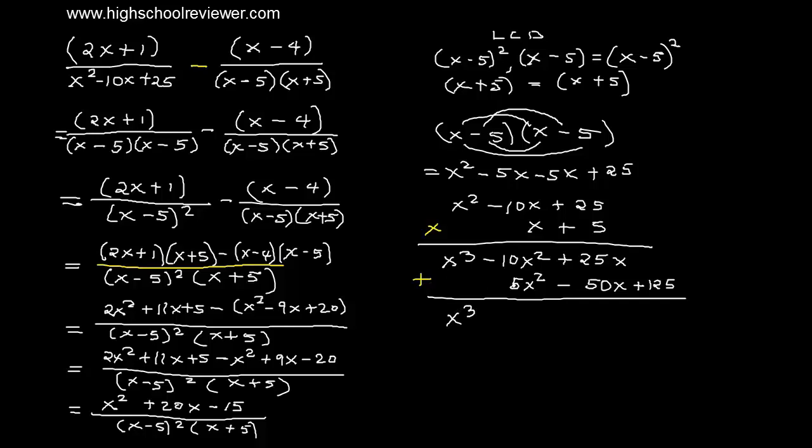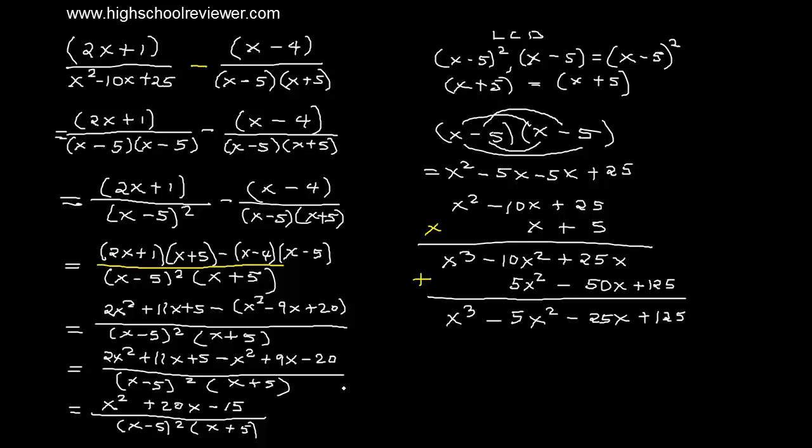Negative 10 plus positive 5, this will give us negative 5x squared. Positive 25 plus negative 50, this will give us negative 25x. And just bring down positive 125.